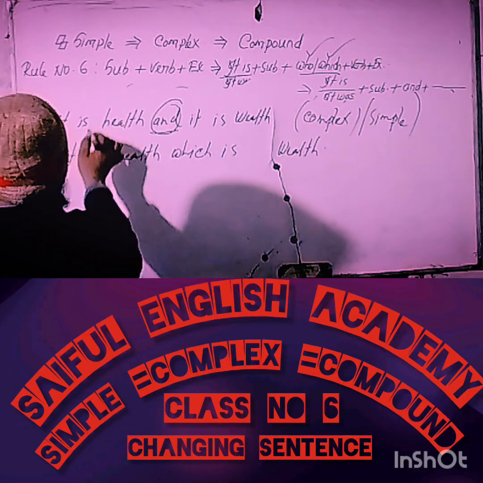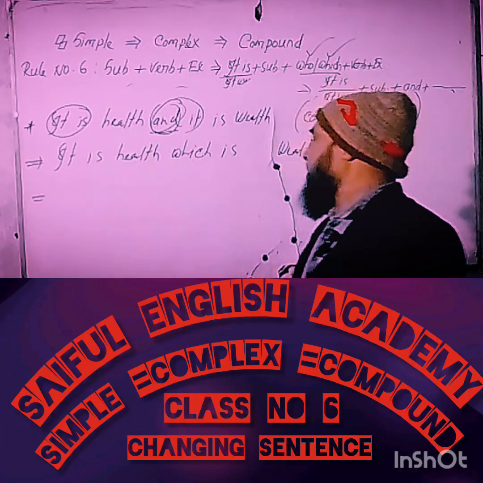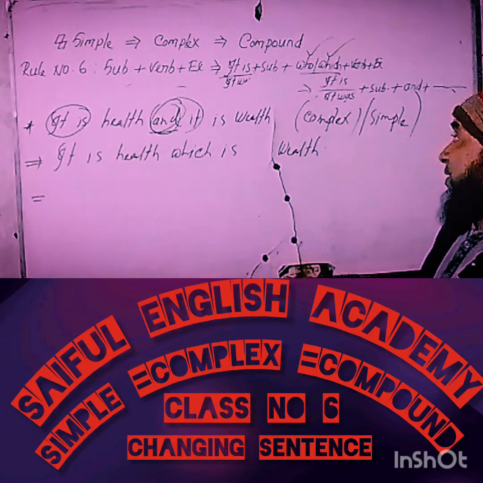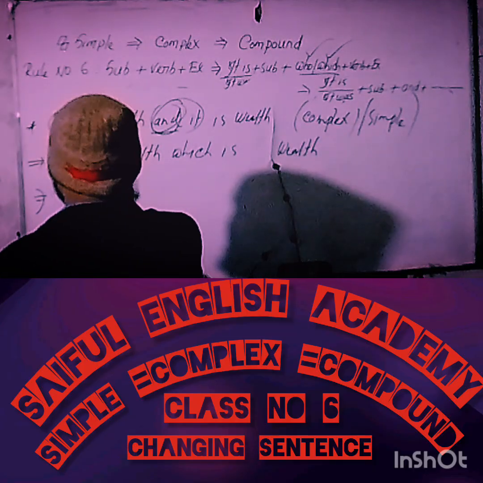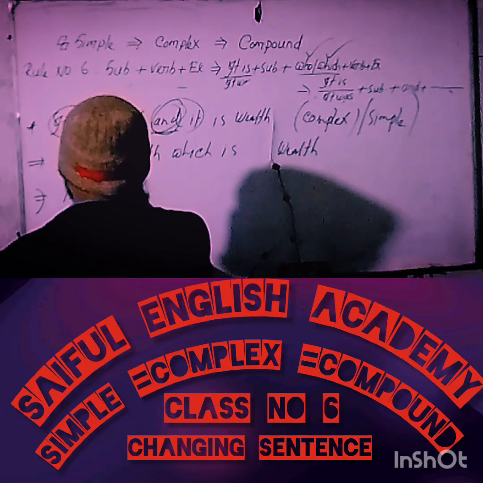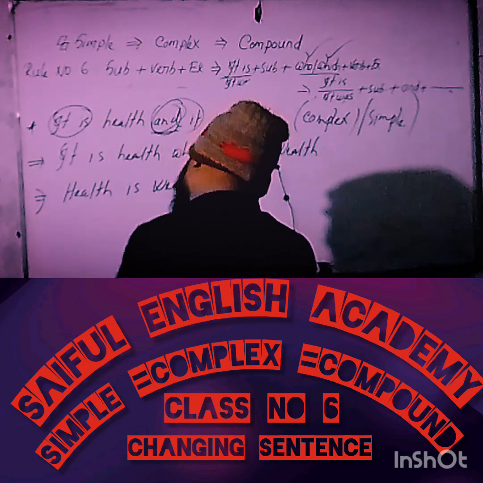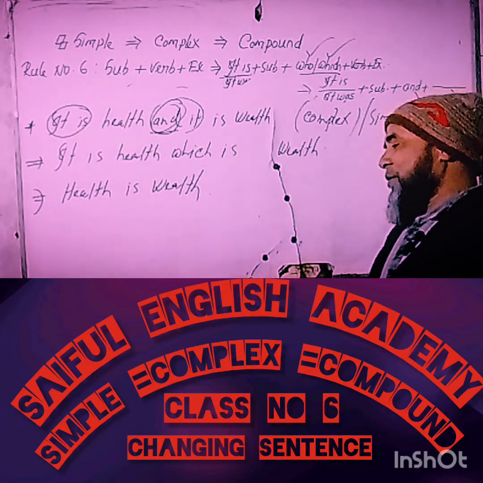You have to mind that "it is" and "and" plus "it is" must be deleted, and you have to write the rest of the parts of the sentence. So, the simple sentence form is: health is oil. All right. Okay, learners, hope that you have understood clearly.